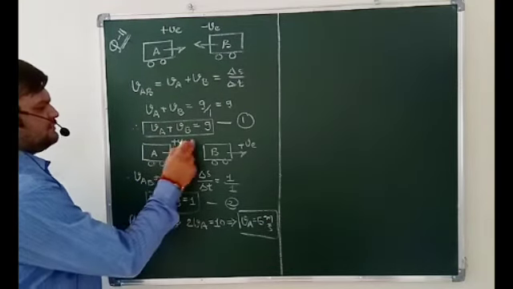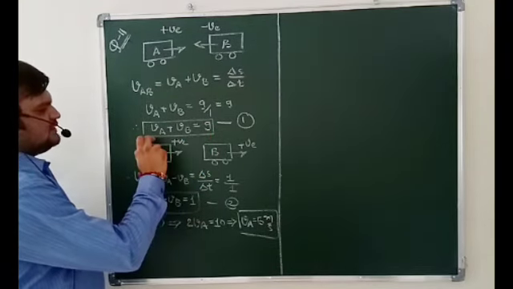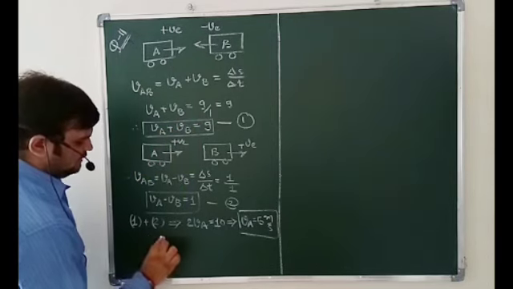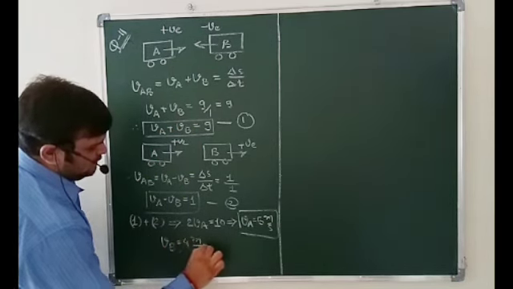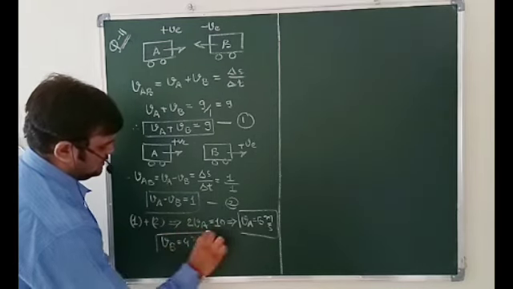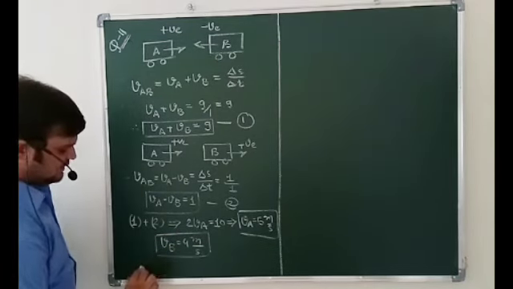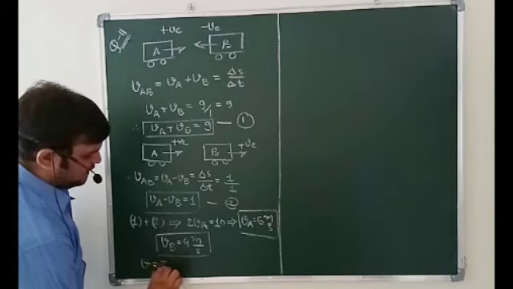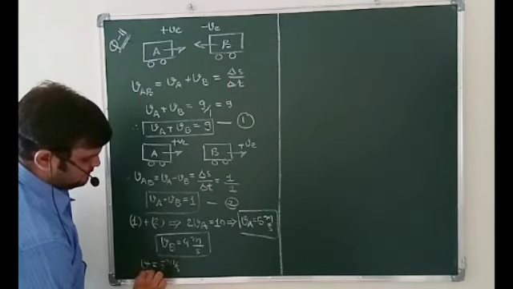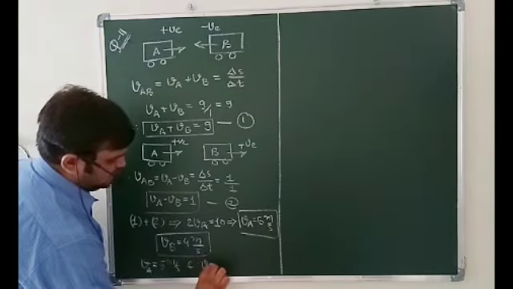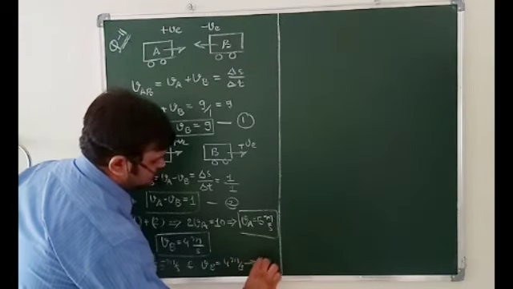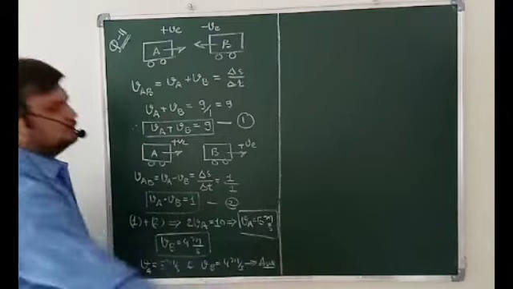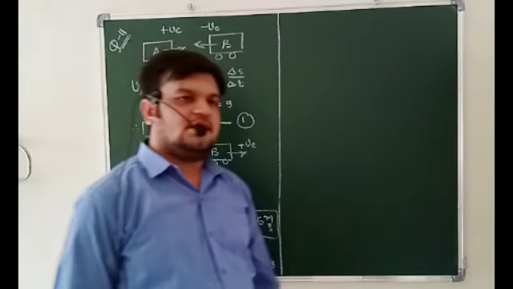Now VA plus VB is 9, but VA is 5, so ultimately VB is 4 meters per second. So our answer is VA is 5 meters per second and VB is 4 meters per second. So this is the answer.